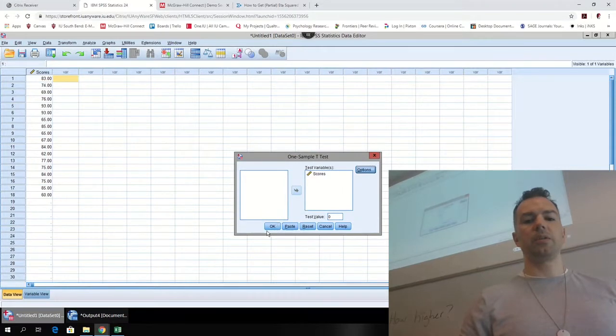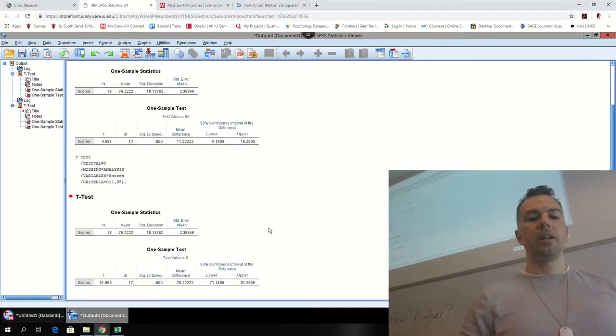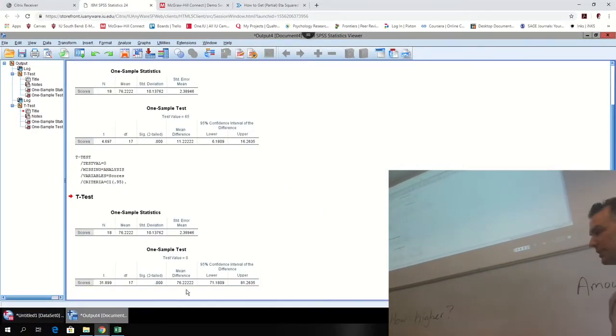And when you put in 0 and you hit OK, now what it's done is it's basically done the work for you. So the mean difference is 76.2. Notice that is exactly 65 points higher. The upper bound is 81.26.